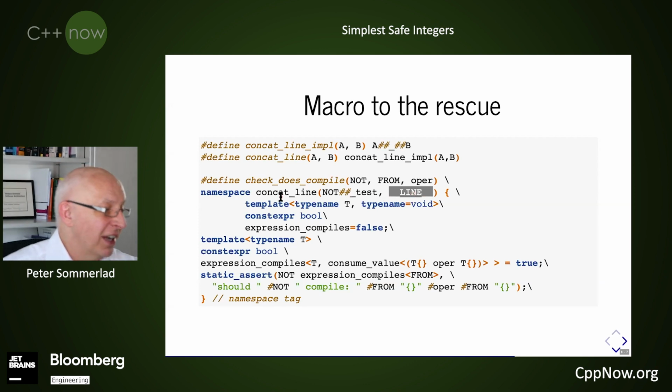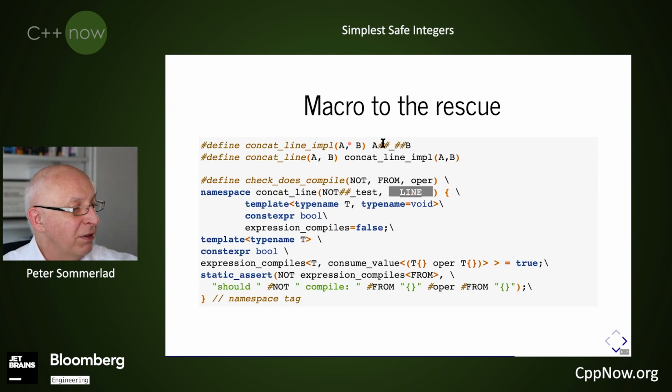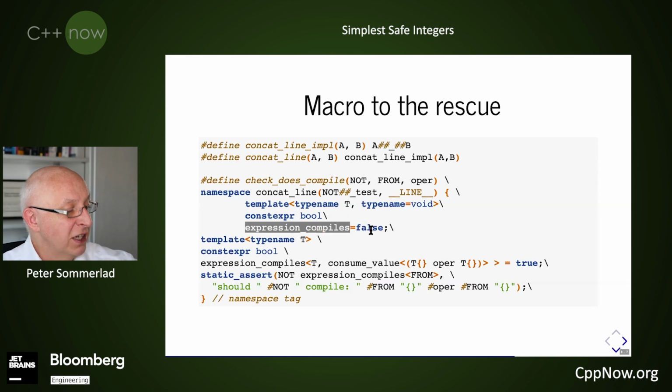And to get that concatenation, we have to do the usual preprocessor trampoline trick to get the token concatenation operator to work with macros, and that's how it's done. You might have seen code like that throughout. I just implemented my own, not to depend on any other existing headers. So our expression compiles usually is false.